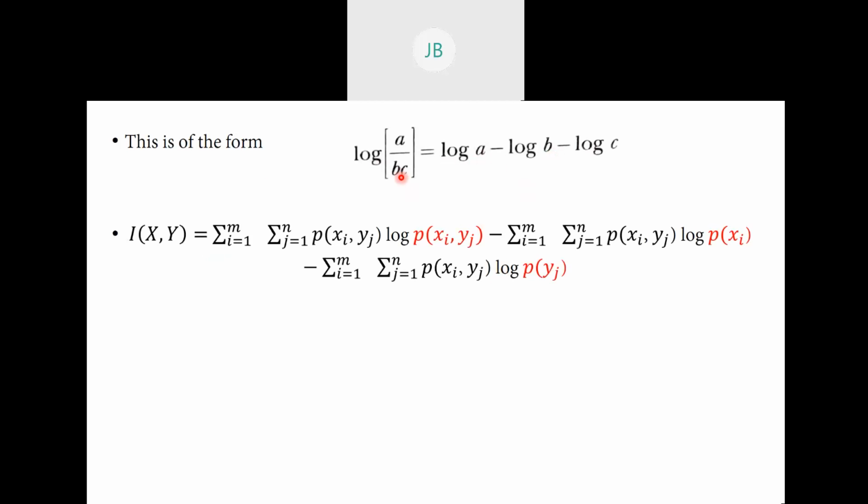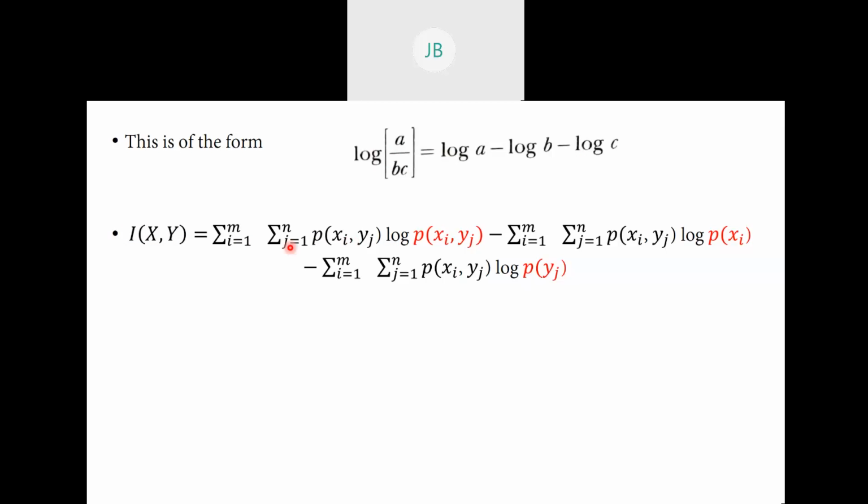Now we will use this relationship in the previous equation. Since we have observed that the previous equation has this kind of term, we will be representing that in this format. Similarly, we will do that here. The mutual information between x and y is equal to the first term.